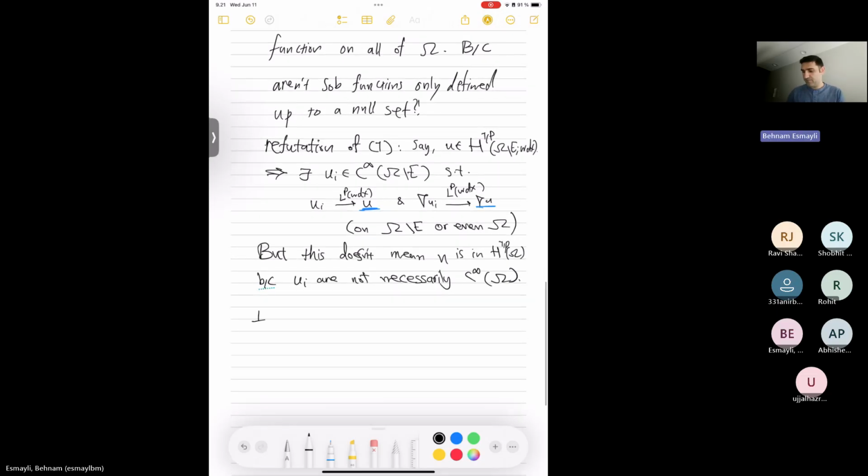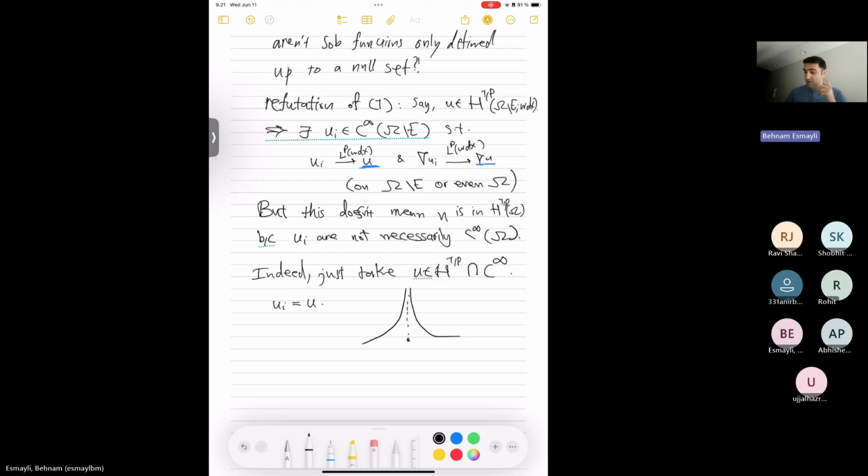So indeed, you can even take a function in H^{1,p} that is already itself smooth. And then your approximating sequence can be just taken to be U itself. But suppose that U is not C infinity on all of omega.